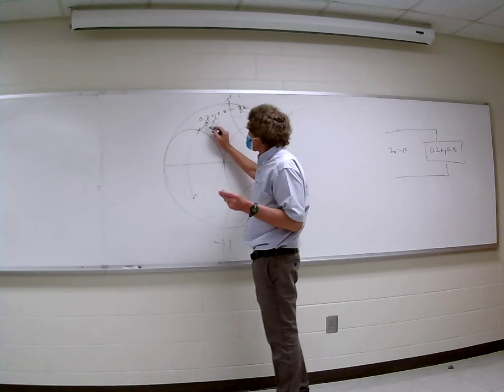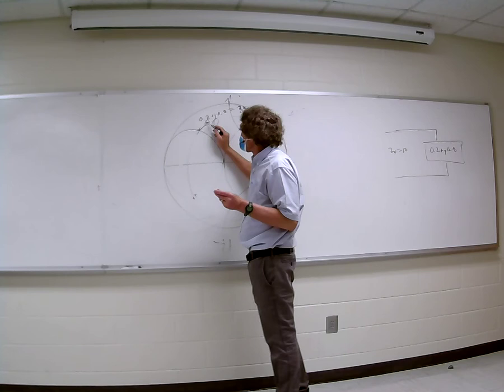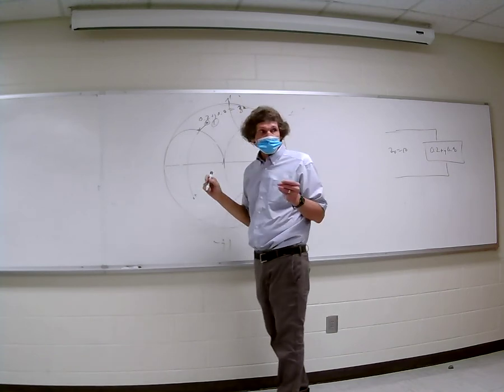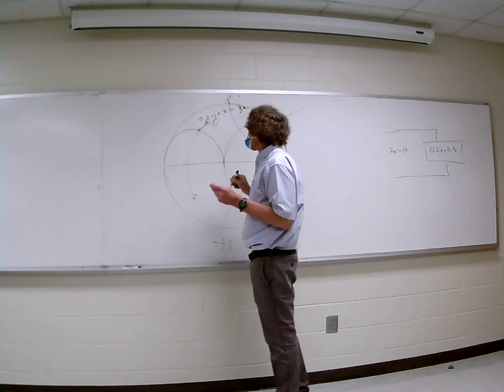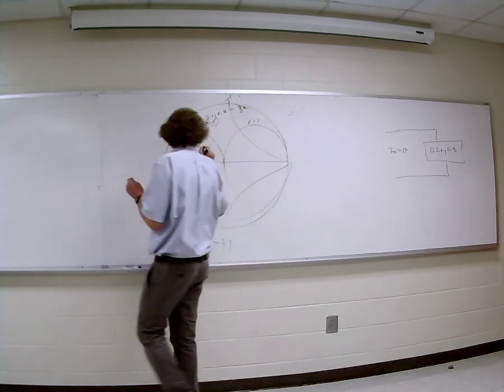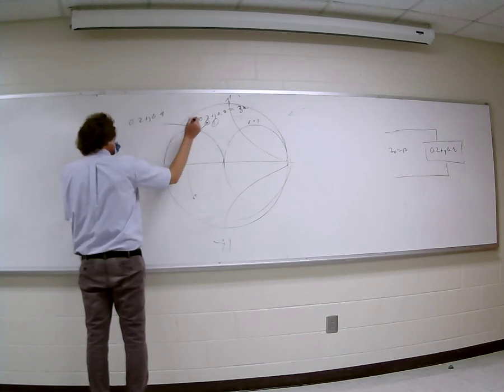So if we move to here, what value would we add? Can you tell me? Go down here, the 0.2 circle, and see where it intersects the rotated circle. I'm sorry, it's going to be 0.2 plus J0.4.